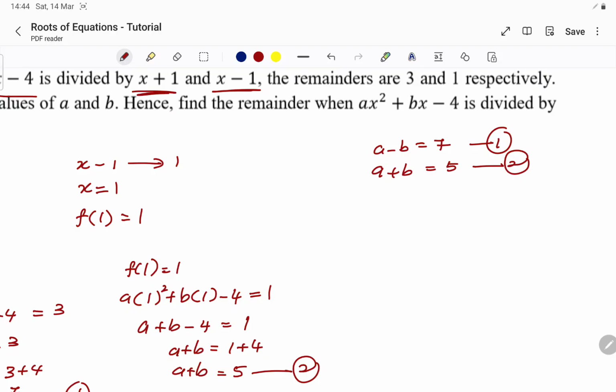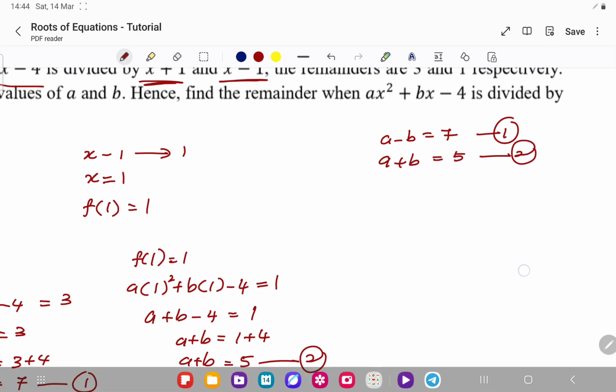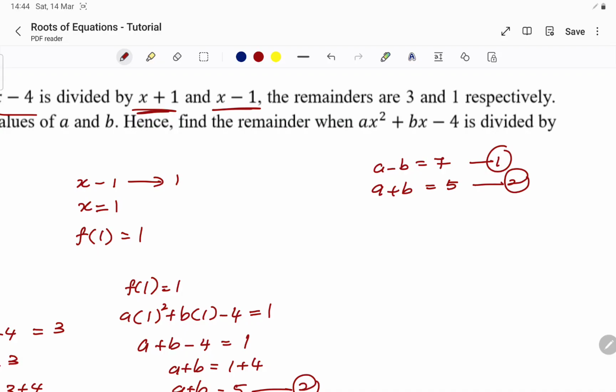Instead of using substitution, we can make it easier by adding equation 1 and equation 2.